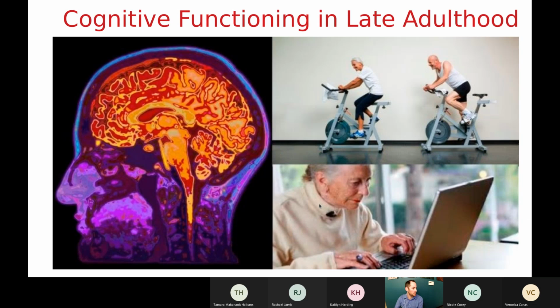So things like exercise, using your brain, being active, and eating proper nutrition are some of the best things to do for your brain. These are the same things we've been hearing the entire class, still very important for late adulthood to keep and maintain cognitive capacities.